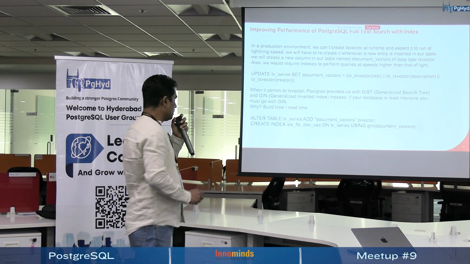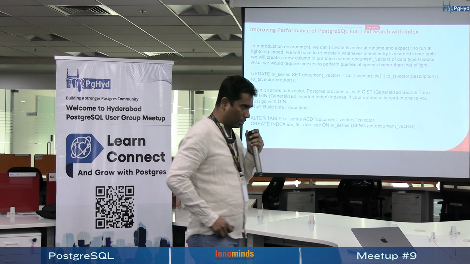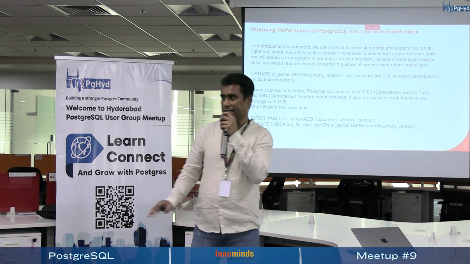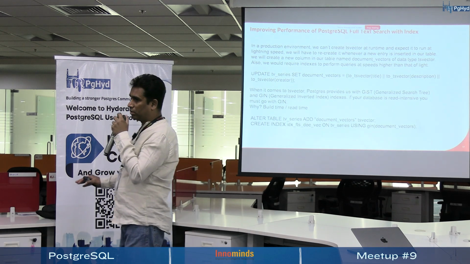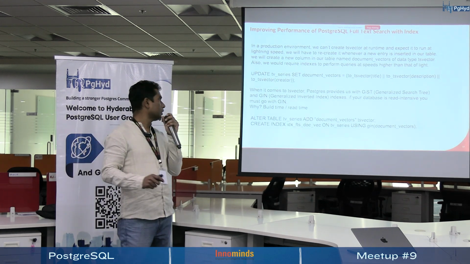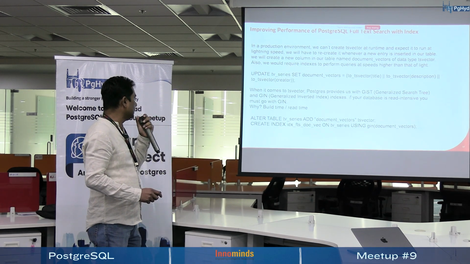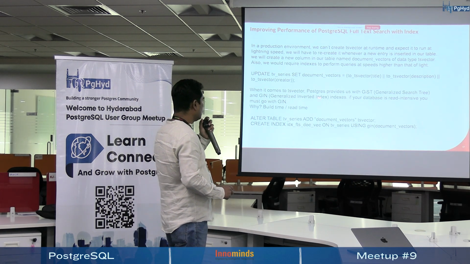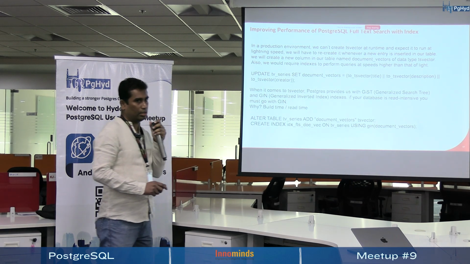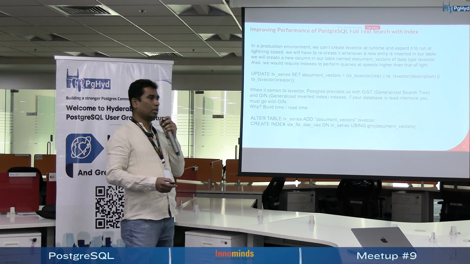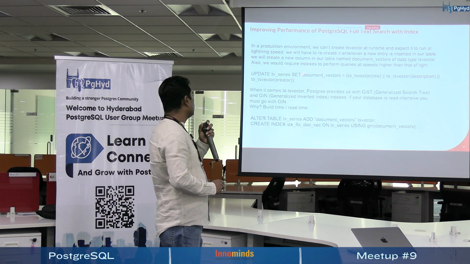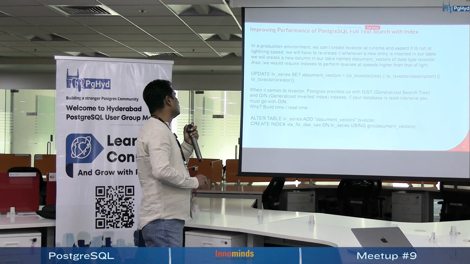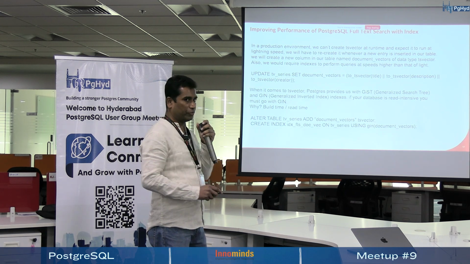Okay. Now coming to the index. There are multiple indexes, but today I am going to cover only these two for the time being: GiST and GIN. These two are the ones people use more, and GIN we use more because of reading time.